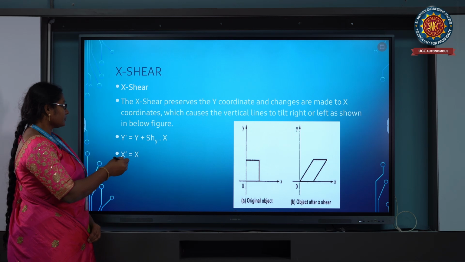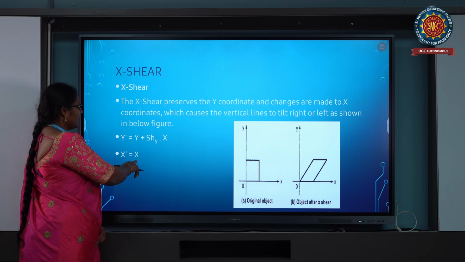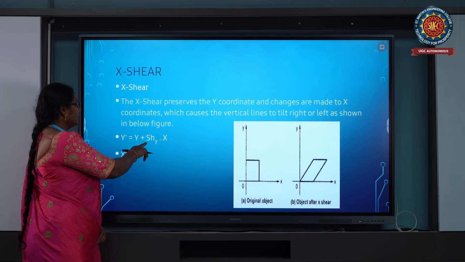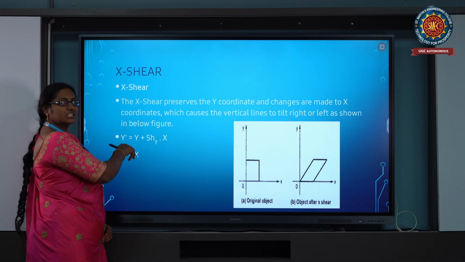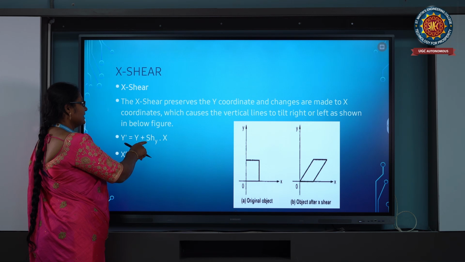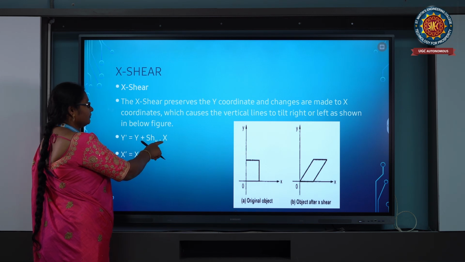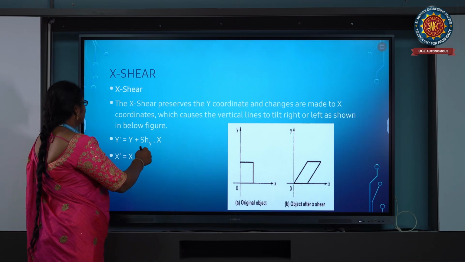So the equation is x dash is equal to x. We are preserving the x value and applying the shearing transformation to the y value. After applying this shearing transformation, the equation is y dash is equal to y plus shy into x.